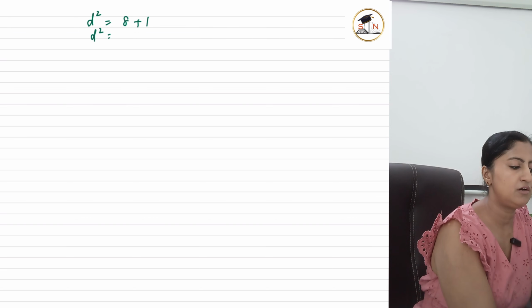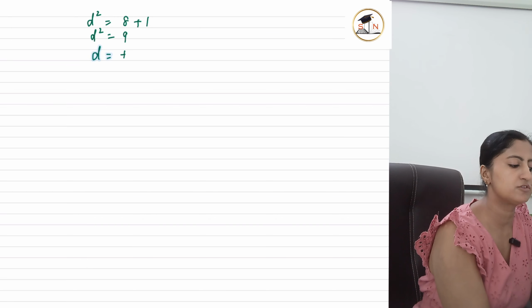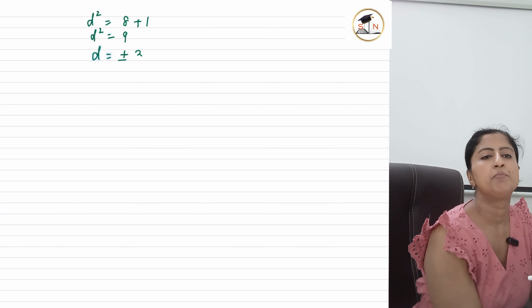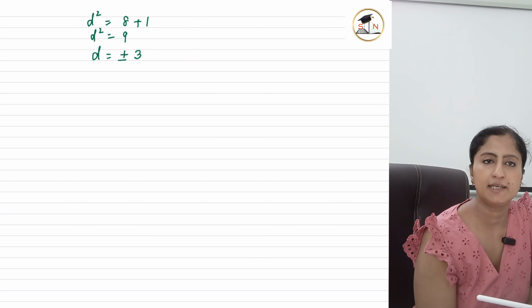That becomes d square equals 8 plus 1, which is 9. Now, what we need to do next is square root of 9, and that leaves us with two values for d, that is plus minus 3. Hence, it is positive 3 and negative 3.